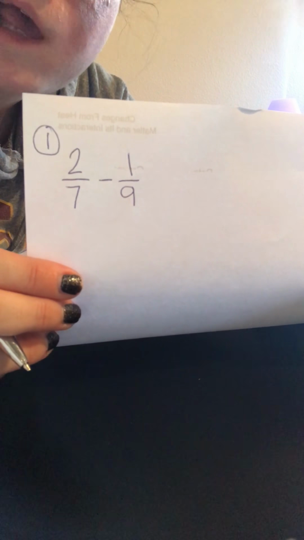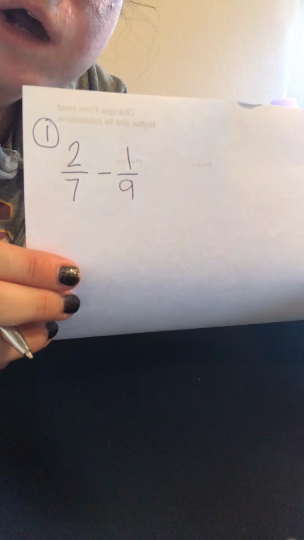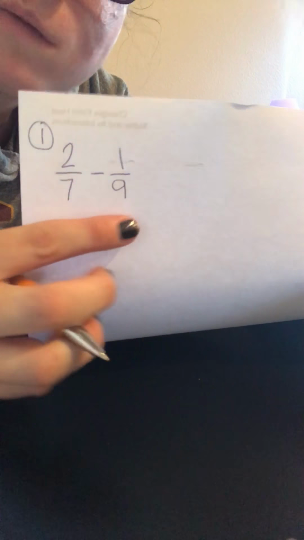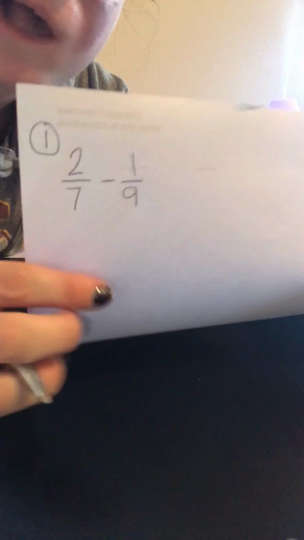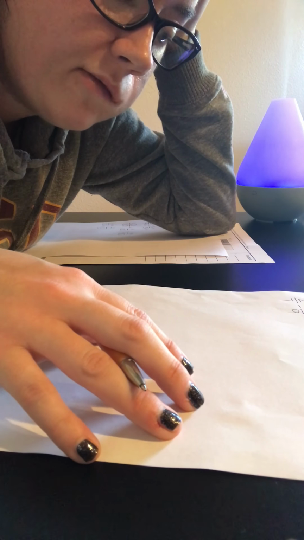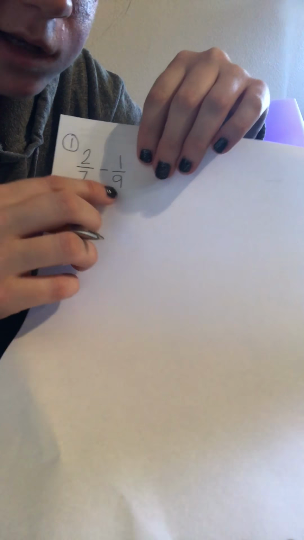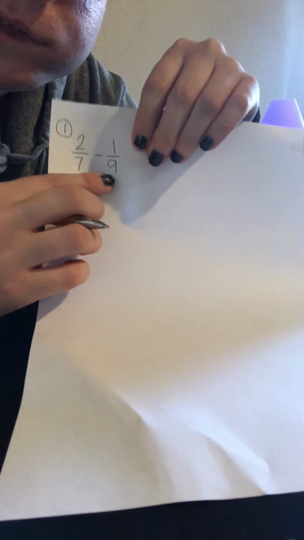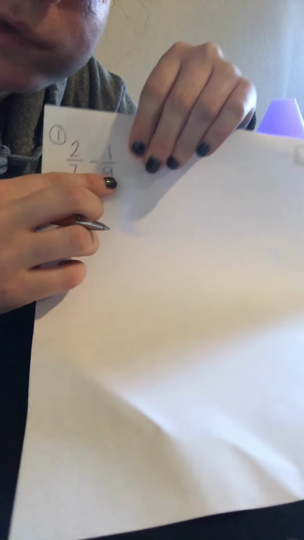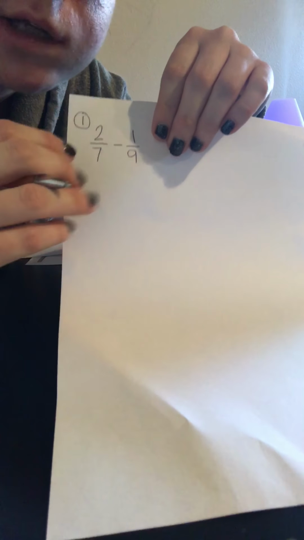The first thing we have to do is make our denominators the same. We can't do any work until that's done. So I'm having some problems thinking of what would be the common multiplier for 7 and 9. Ooh, that's not a pretty pairing. So I'm just going to multiply them against each other.